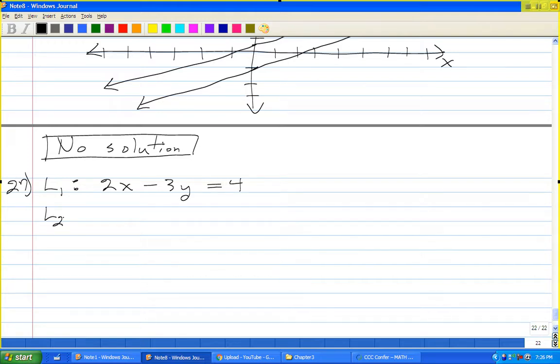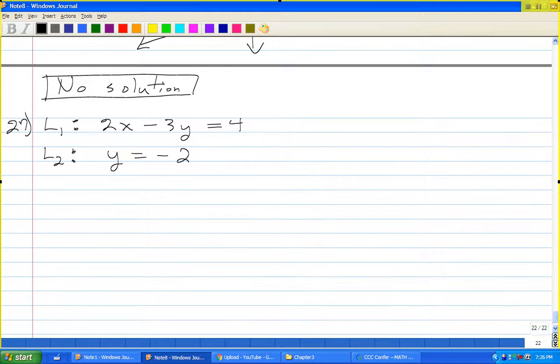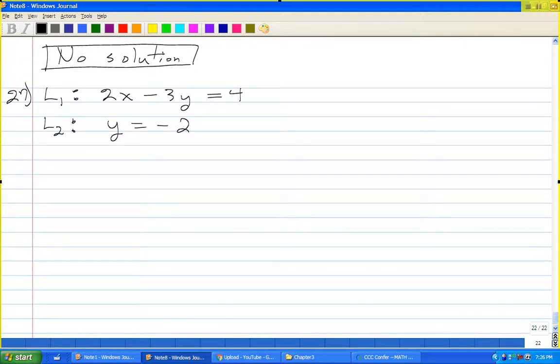Call this L2: y equals -2. Okay. And so let's look at L1.